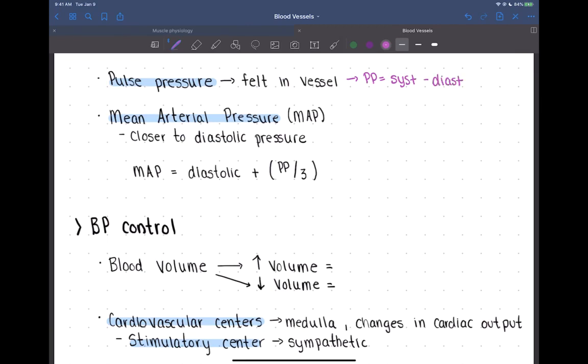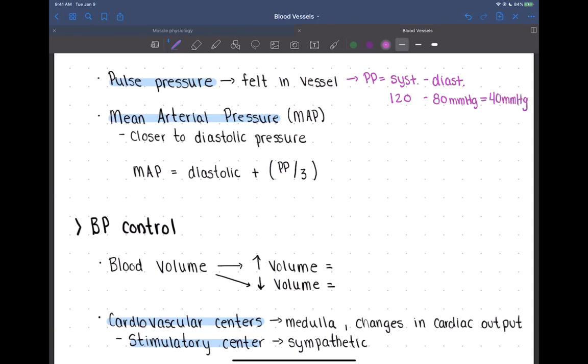All right, so it's just the difference between the two. Okay, so if we had 120 minus 80, and remember, that's millimeters of mercury, that would give us a pulse pressure of 40 millimeters of mercury.